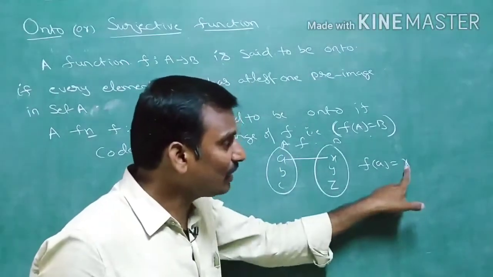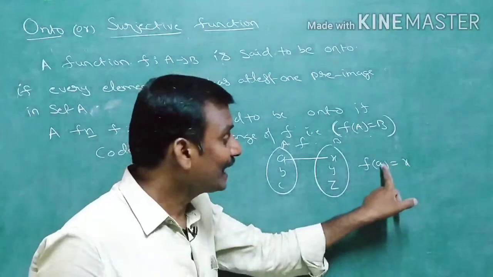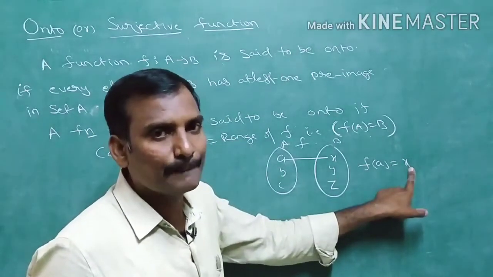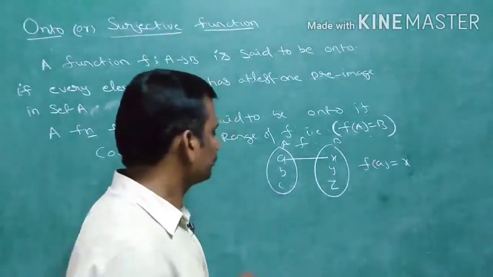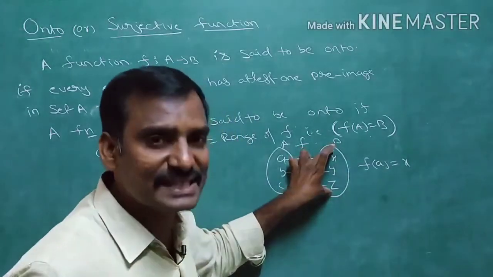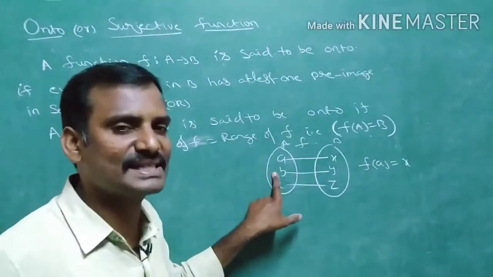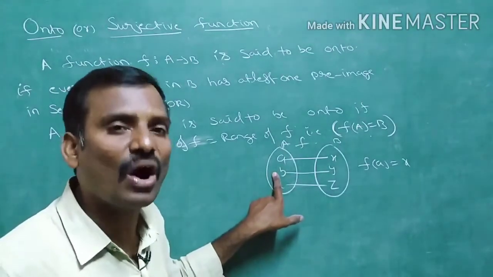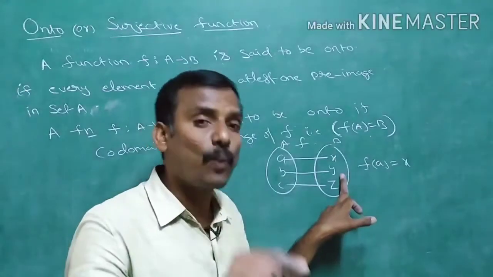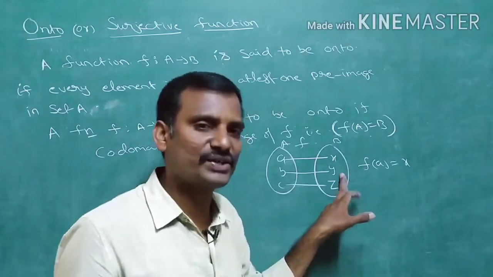Here x is called the image of A. A is called the pre-image of x. Every element in set B has at least one preimage in set A, that is called an onto function.